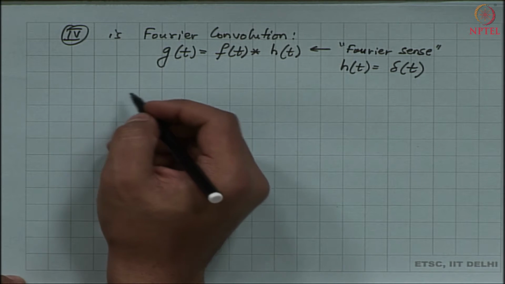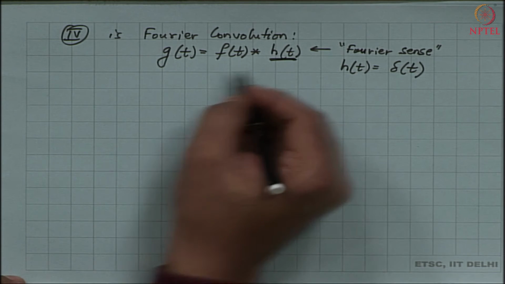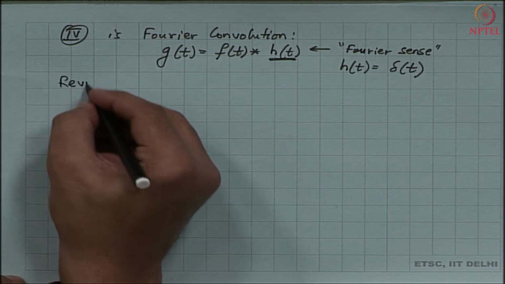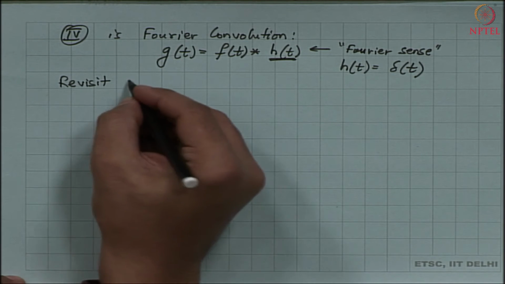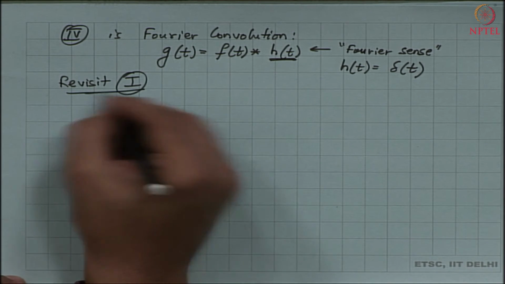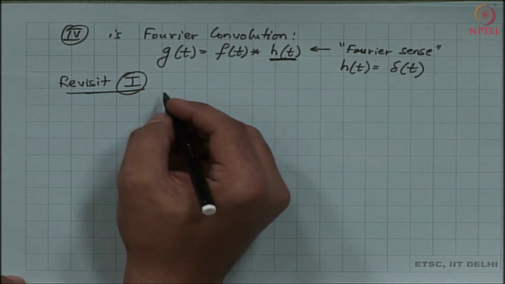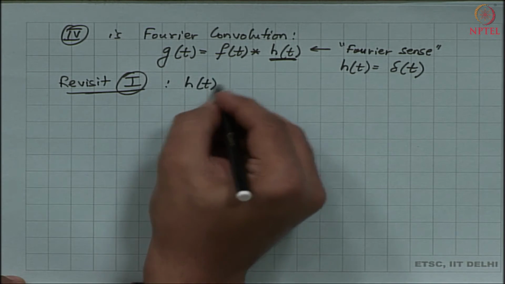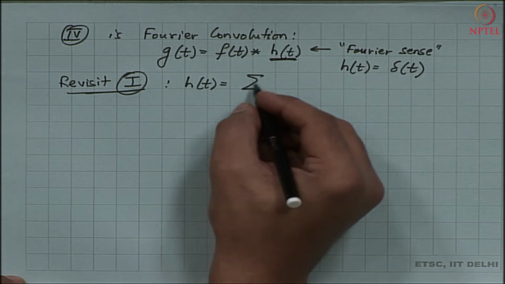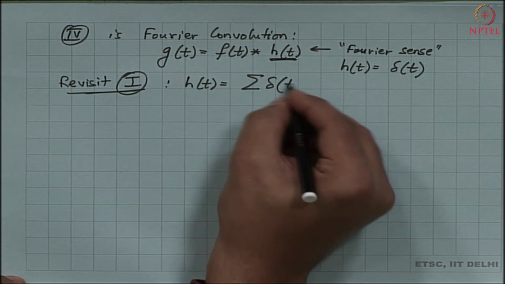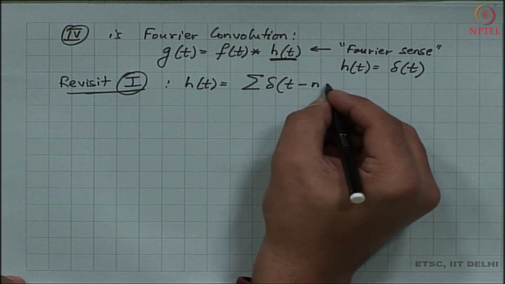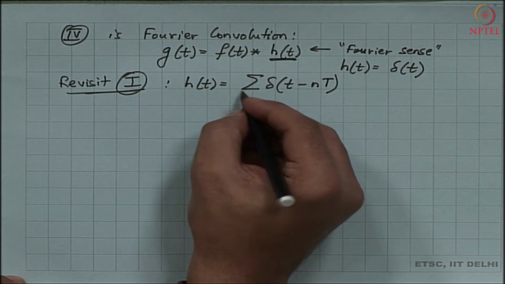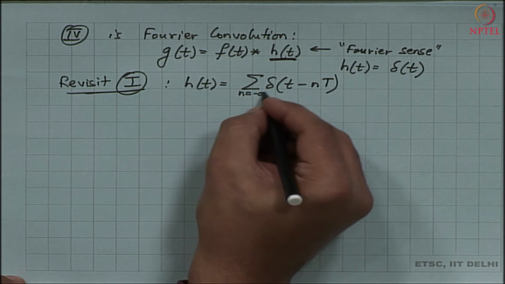Okay. So, now coming back, if I revisit my expression 1 in my previous slide, and I take my function h of t to be this summation, the summation of this train of unit impulse functions, or unit impulse train, right. So, n from negative infinity to infinity.